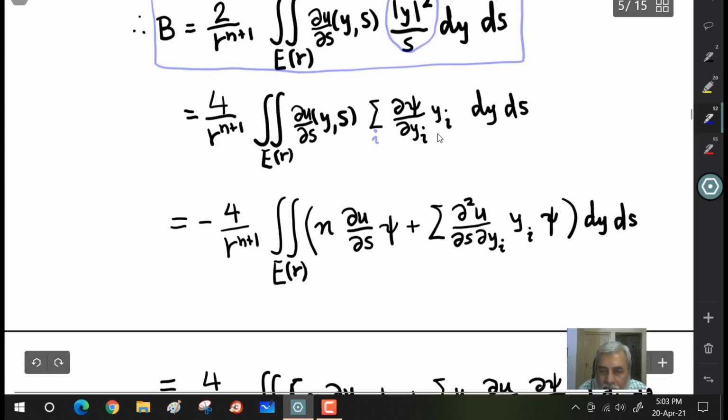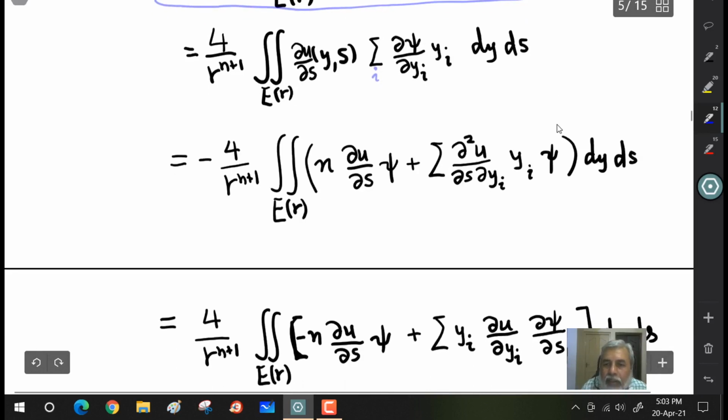And since now it is differentiation of psi with respect to yi variable, so integrate by parts. That is with respect to only y variables, because there is only derivative with respect to y. So there are two terms here.